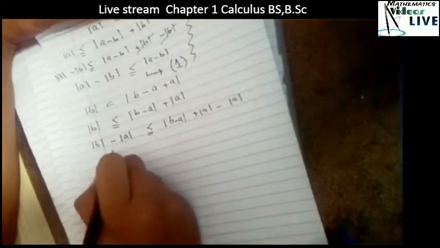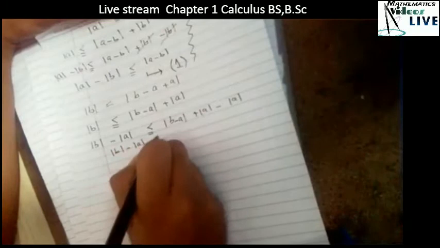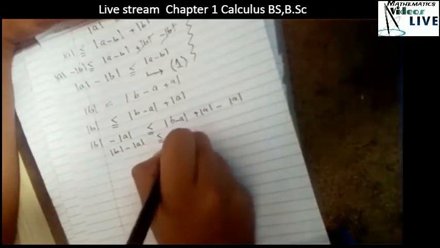Therefore, we get mod of B minus mod of A is less than or equal to mod of B minus A.